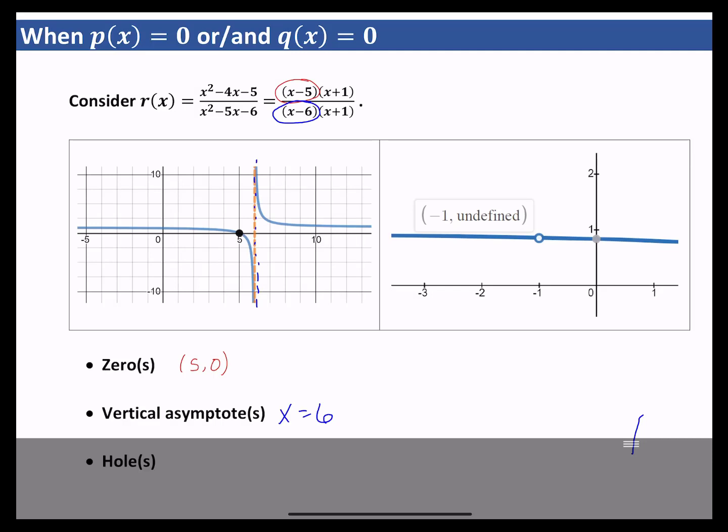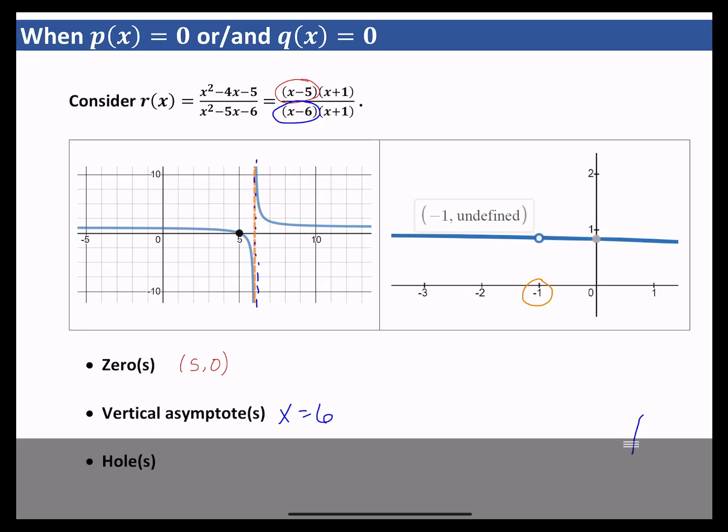And on the graph to the right, we've actually zoomed in near x equals negative 1, and we've used our mouse to trace along the function until we land right on the point where x equals negative 1. And you notice the graph is not defined there. There is a hole. So the technology did not catch that on the graph on the left.